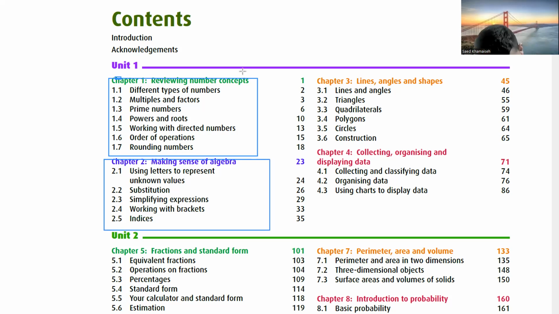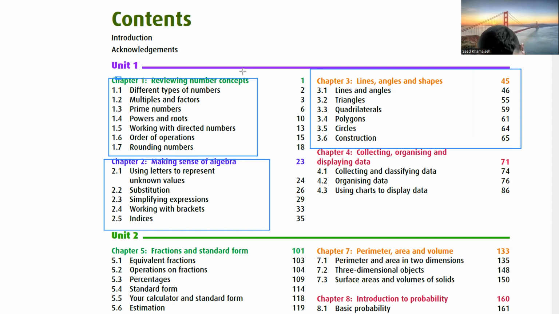Then chapter 3. Then we have chapter 4. Some will not be taught after each other.